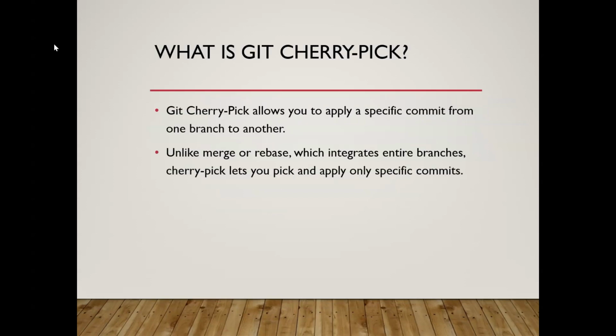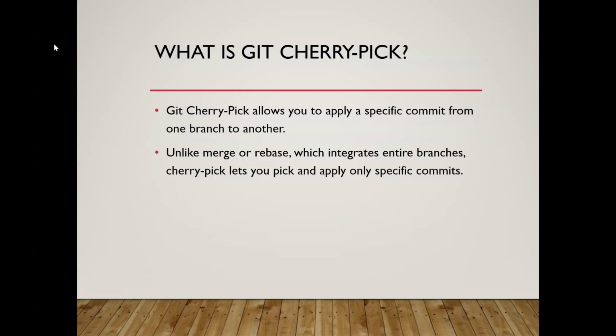Okay, let me first explain what is git cherry-pick. Git cherry-pick allows you to apply a specific commit from one branch to another branch. Like I just said, if you have a feature branch and you want to apply some particular commit, not all the commits, from your feature branch to the main branch or release branch, you can do git cherry-pick and only that particular commit will be merged to the main branch.